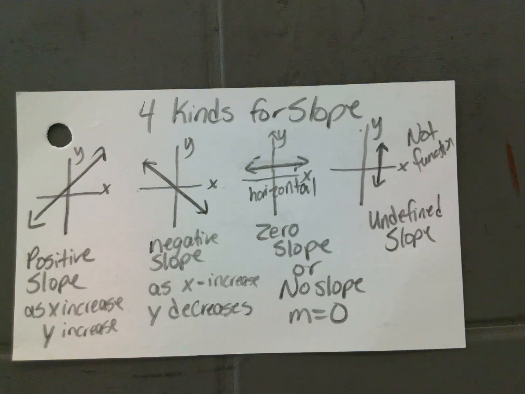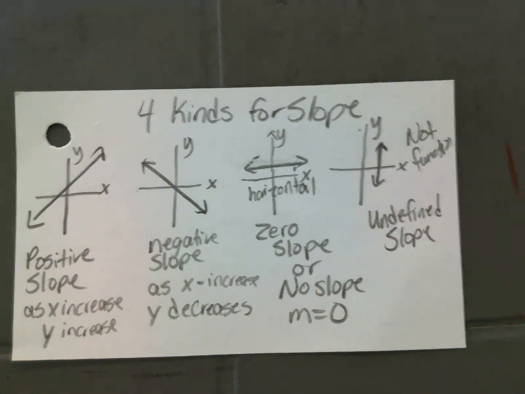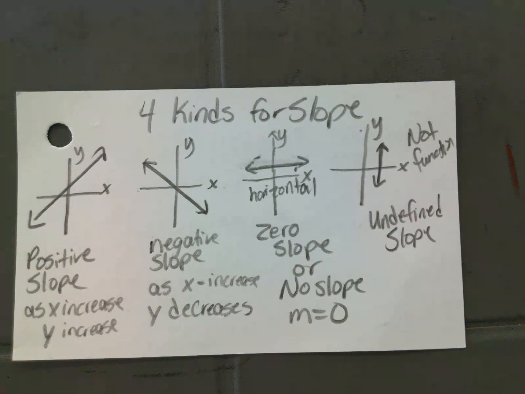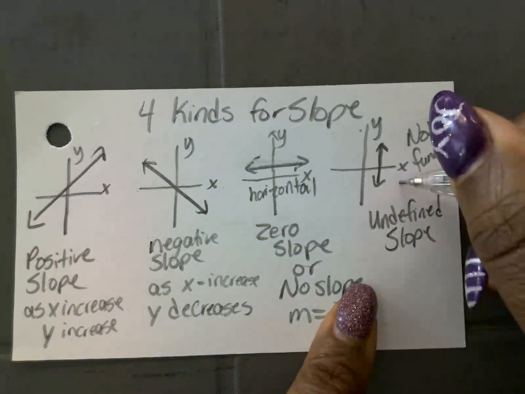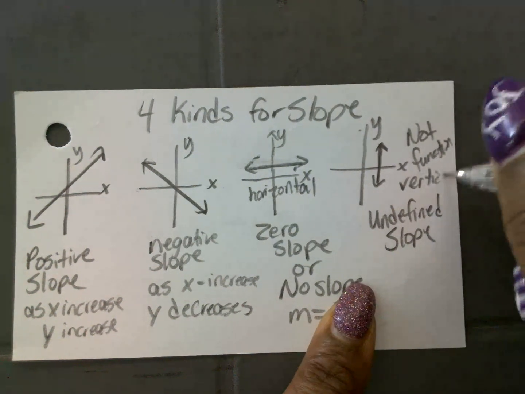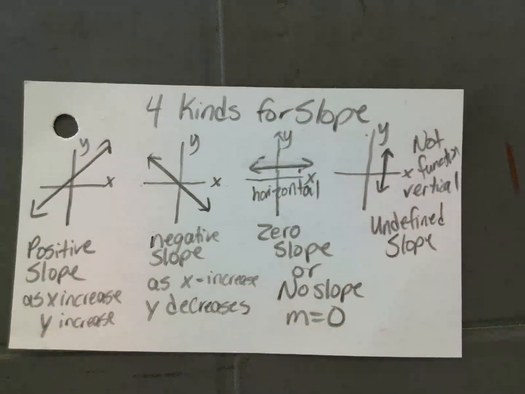So you're going to get an error in the calculator. That's an indicator that this is undefined slope. Any number over 0 with your rise and your run has undefined slope. Vertical lines have undefined slope. Any questions about slope at all?